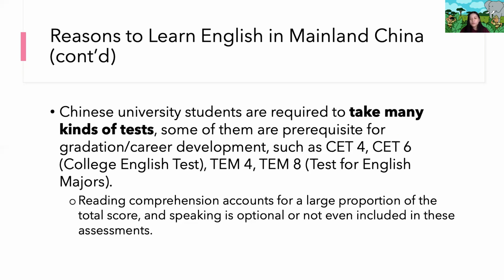A very interesting phenomenon to note is that reading comprehension accounts for a large proportion of the total scores in these aforementioned tests. And speaking is optional or not even included in these assessments. So Chinese students are good at reading, but on average, they show comparatively low speaking competency.